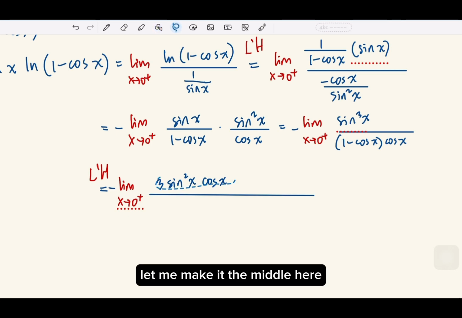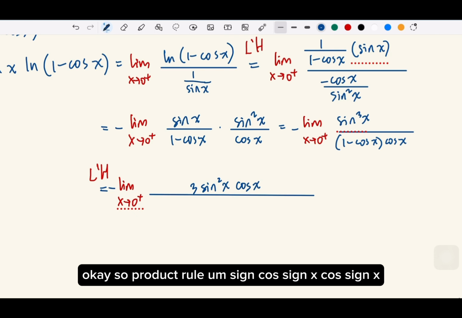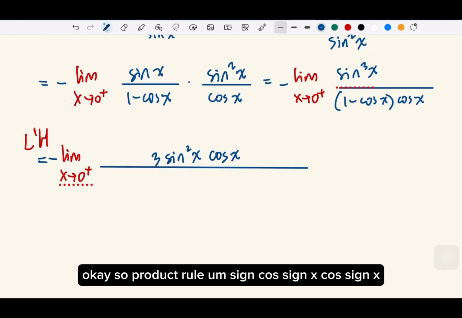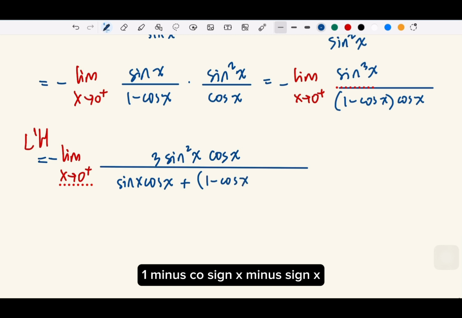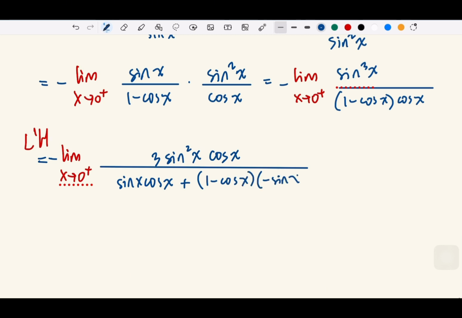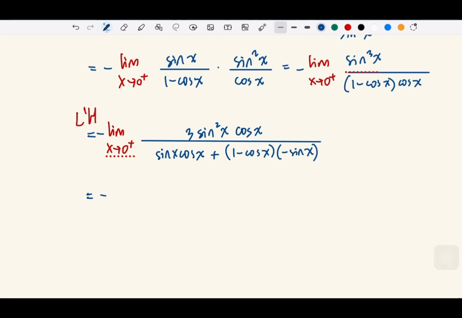let me make it the middle here. Okay, so product rule, sine cosine x cosine x. And then plus 1 minus cosine x minus sine x. Okay, a little bit more.